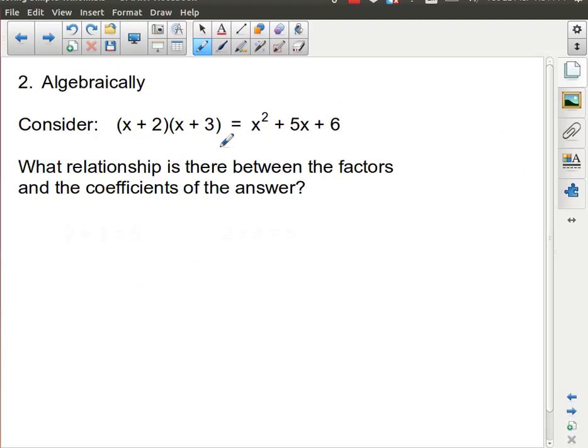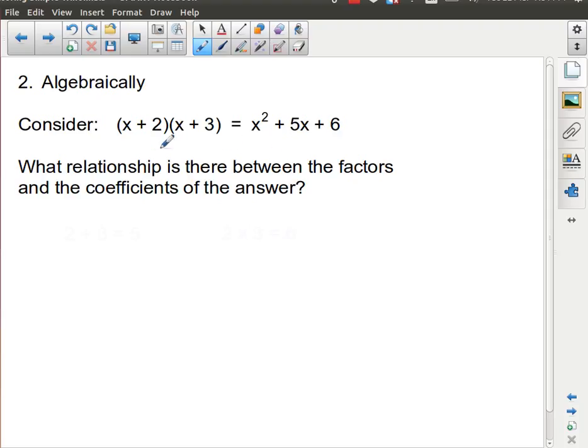Okay, the other option we have is algebraically, and this also involves some of that trial and error that we looked at before, but it's a slightly more methodical way, meaning there's a little bit more of a process. So to understand where this comes from, and if you've been following what we've been doing with the area model, this shouldn't come as too much of a surprise to you.